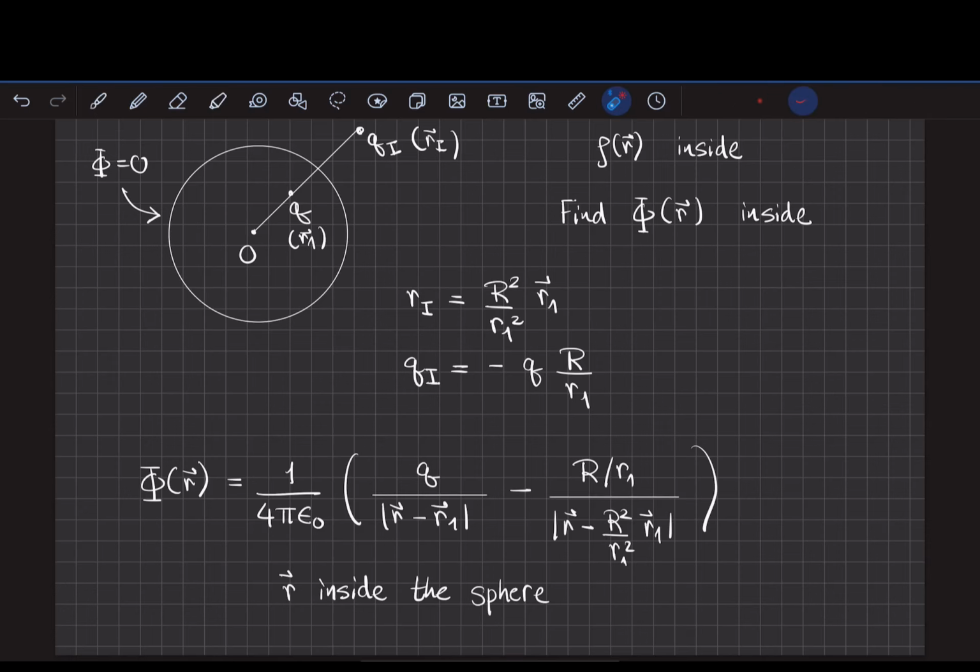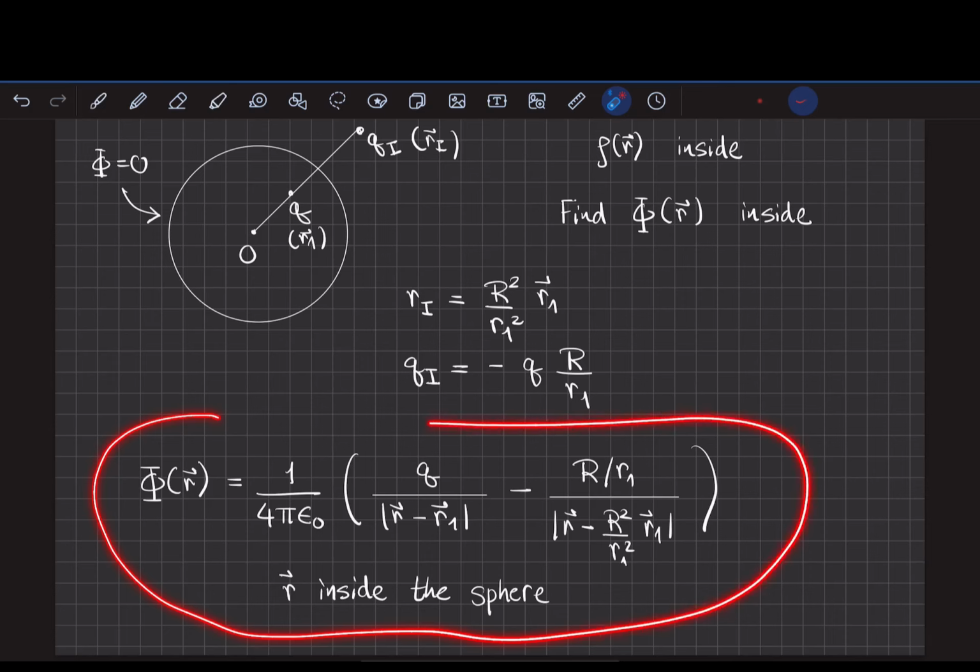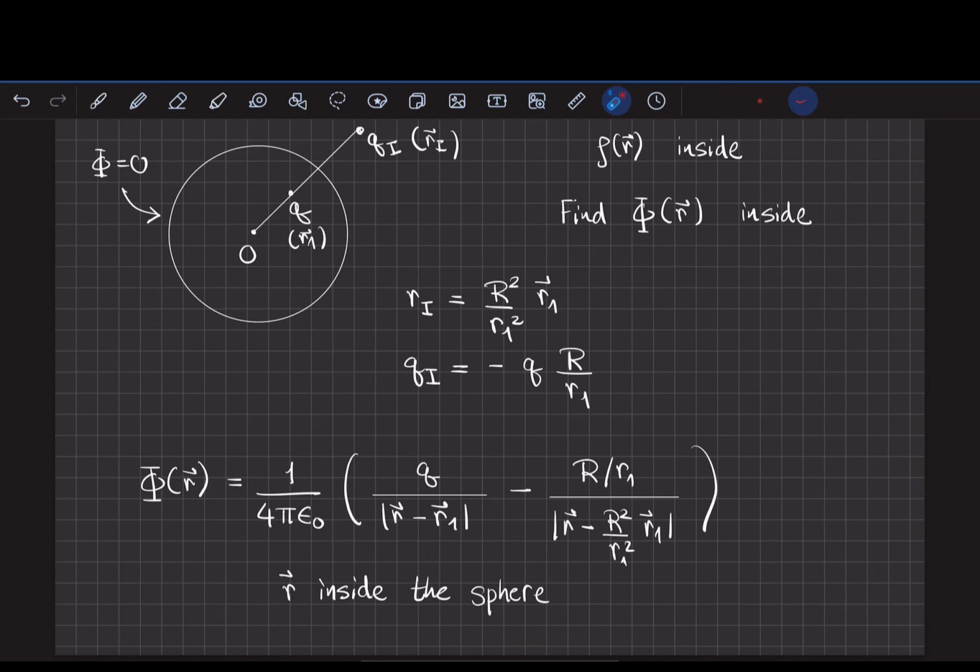So if we know the charge density inside the sphere and we have the potential on the surface, we can find the potential inside the sphere. And if we knew the charge density outside the sphere, we could have found the potential outside the sphere, which we just did.